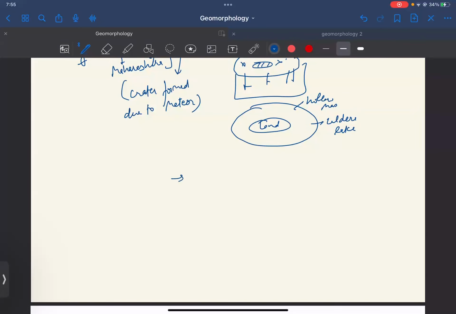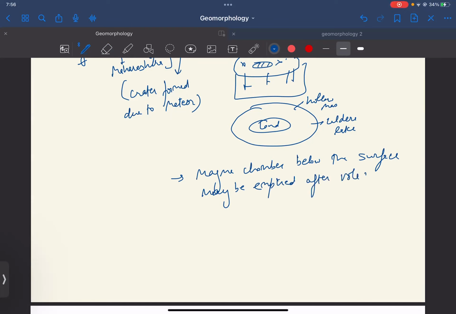So what are the steps involved? The magma chamber below the surface may be emptied after volcanic eruption.